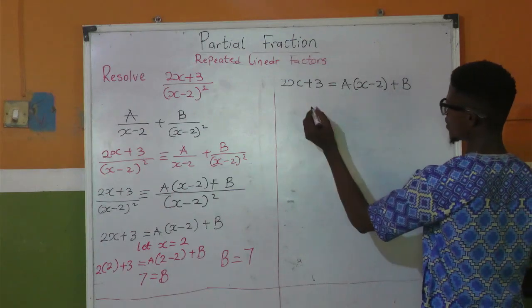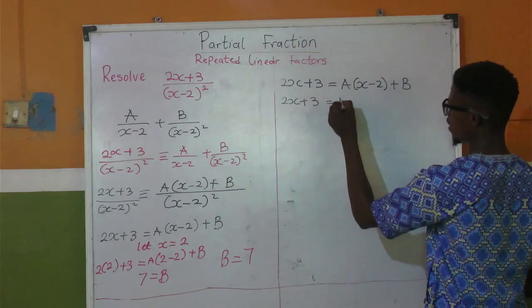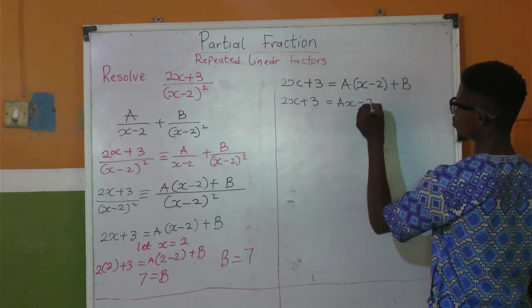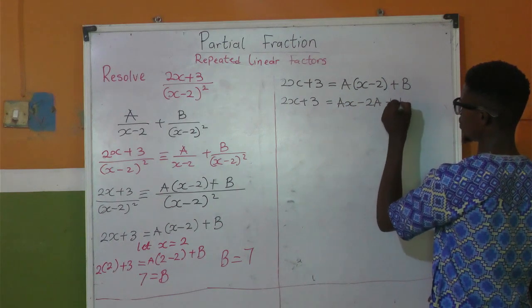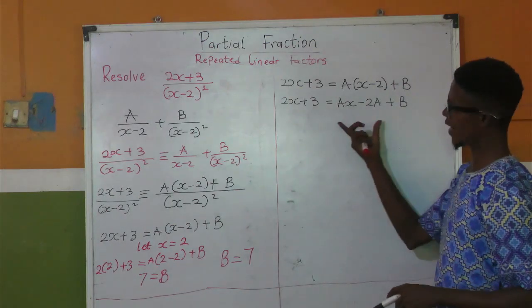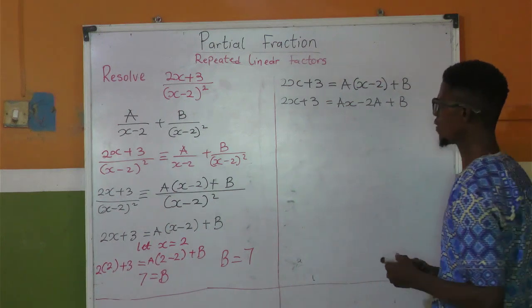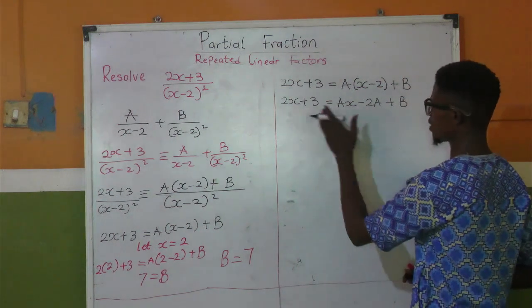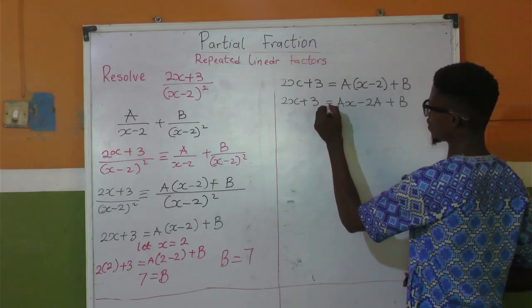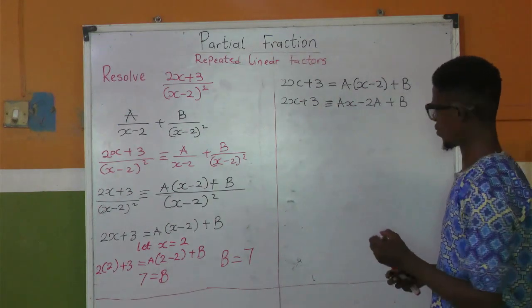If I expand this, it becomes 2x plus 3 equals ax minus 2a plus b. Now, what we do with this line is that we compare. Let's make both sides equivalent.